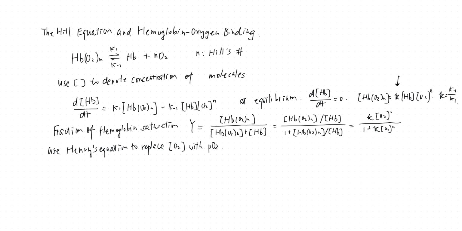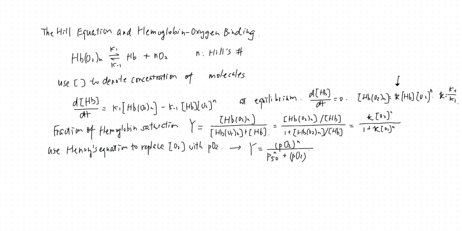Now, if you do this, you can write your Y in terms of the partial pressure, PO2 to the power of n, over P50 to the power of n plus PO2 to the power of n.